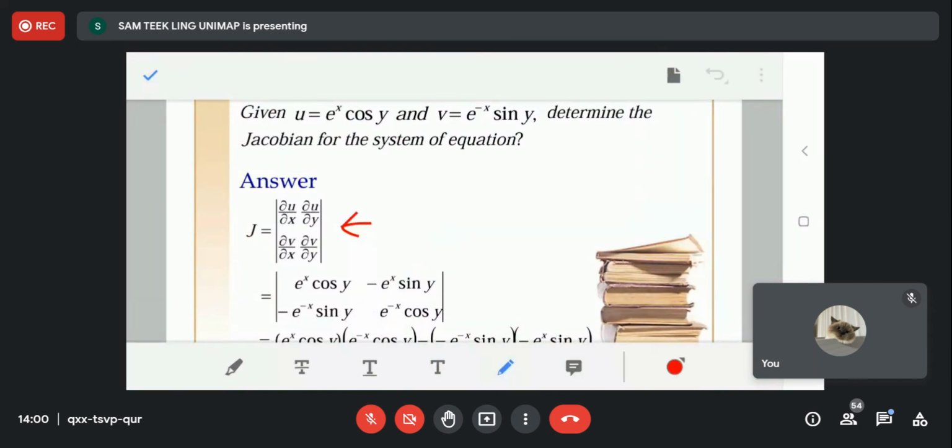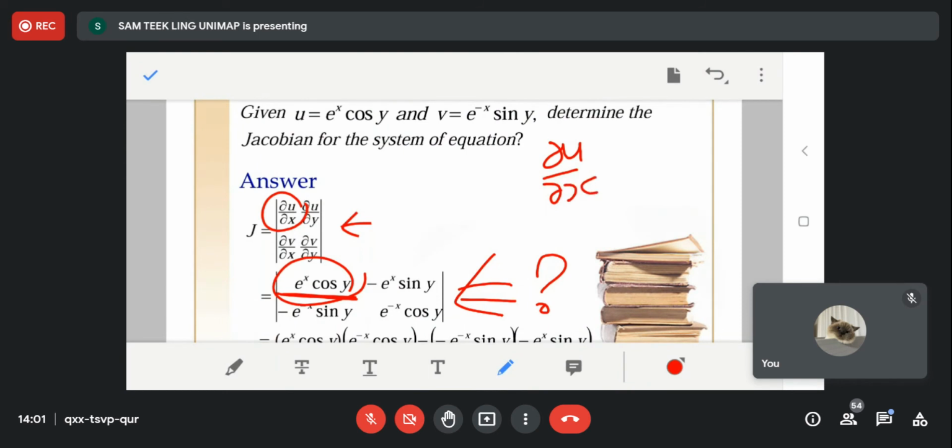Because from here, I will know what you differentiate, and I can check whether the answer is correct or not. If you directly give me the answer, I don't know what you differentiated, you do not show. Only if you write out del u del x, then I know this one is del u del x.